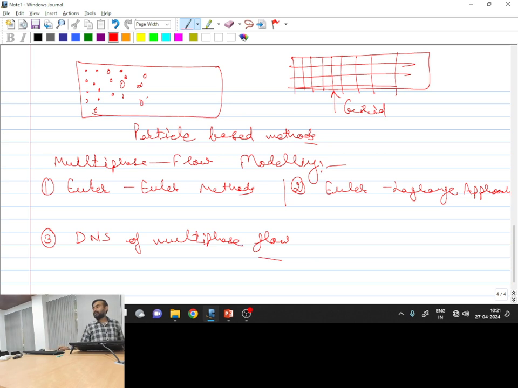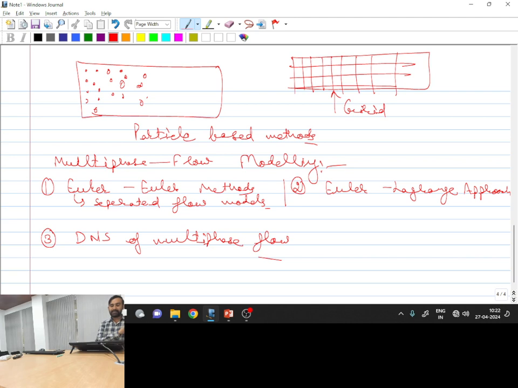The first approach is the Euler approach, which is identical to our separated flow models. What were we doing in separated flow models? For fluid 1 we were solving a separate continuity and momentum equation, and for fluid 2 we were solving separate continuity and momentum equations. Then we used some interaction forces to couple the boundary effects between the two fluids.